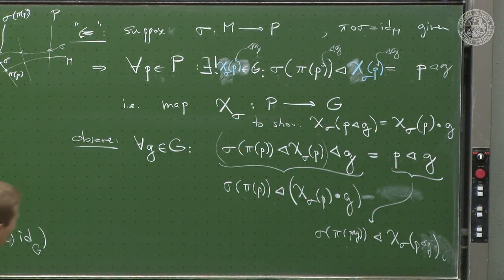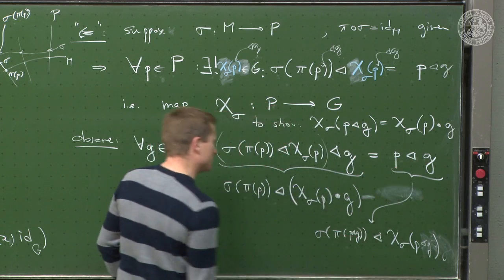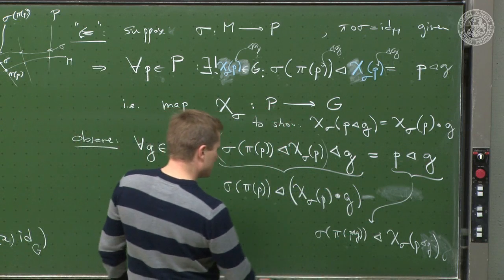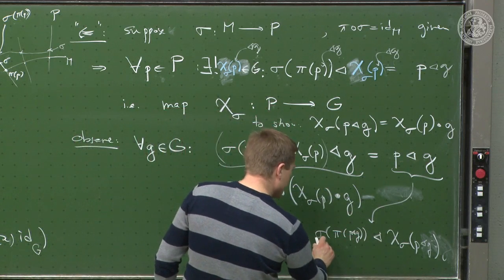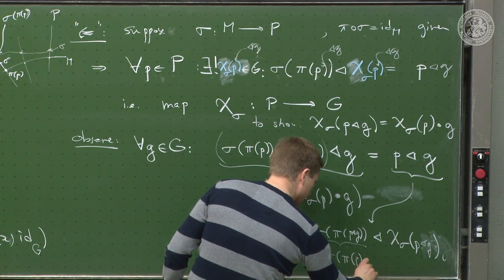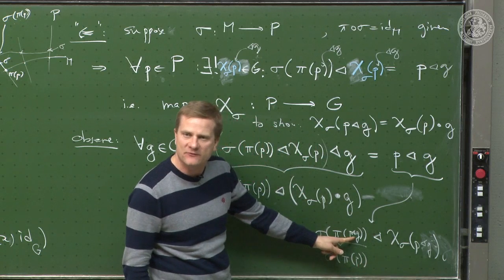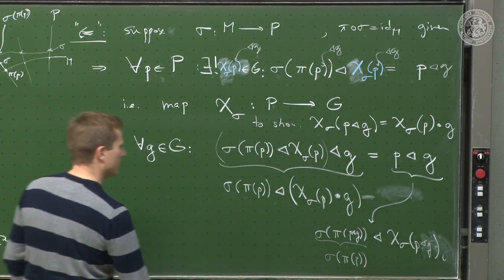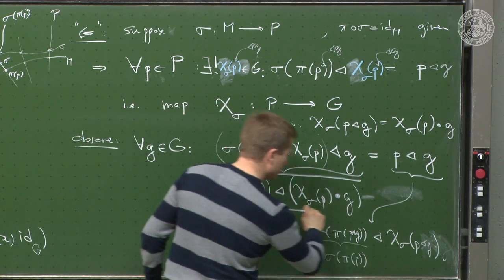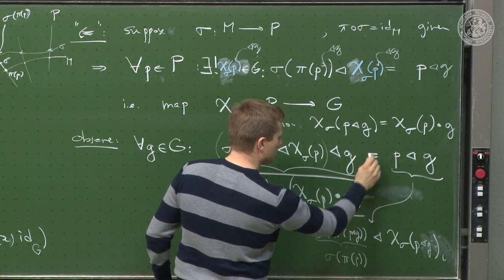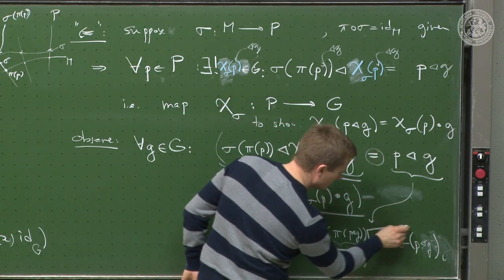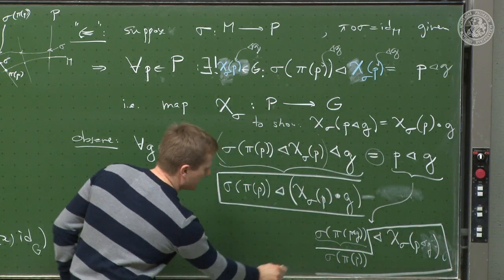Okay, right, so we use this, we use that. Okay. But now we have this, but this guy here can be, again, sigma of pi of P, because we remain in the same fiber, so we stay at the same base point. So that means in total, we know that this guy here equals, because we go via this equal sign, this guy here.